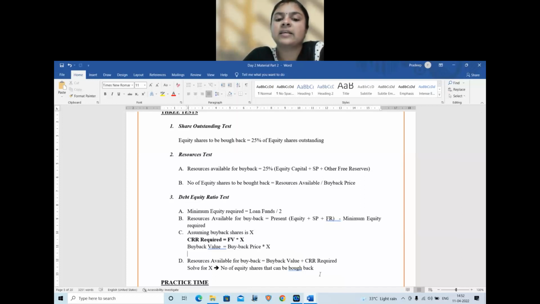So this gives you the formula for the debt equity ratio test. Now the answer will be the minimum of the three, the least of the three. Whichever is less will be the number of shares that we need to buy back, whichever is less of the three conditions.